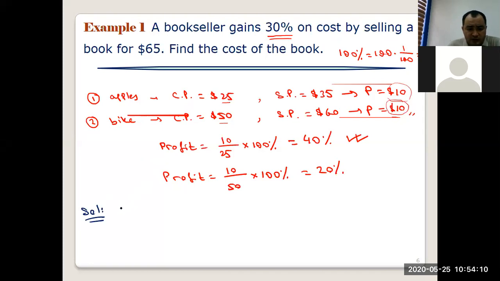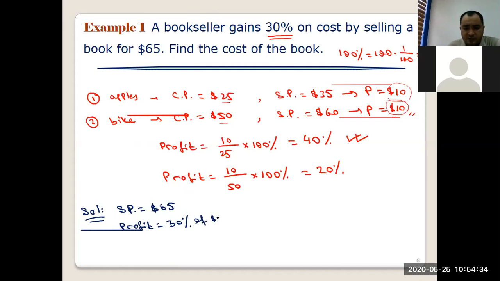So here, let's write what is given. The selling price of this item is $65. And gains, this is a profit, right? So our profit is, next time I just write P maybe, 30% on cost. On cost means the cost price. Do we know the cost price? I don't know.